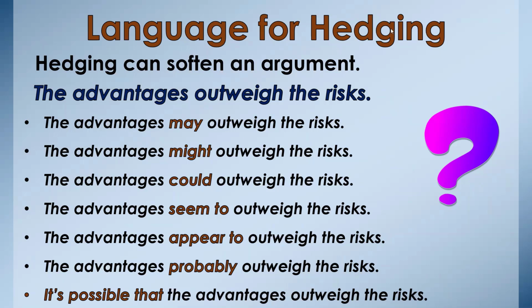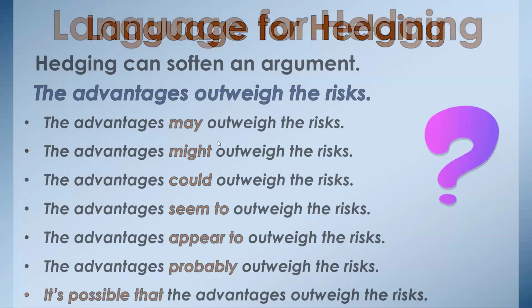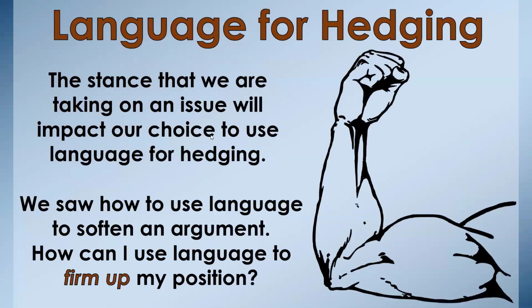So we can see you can really make use of modal verbs here when you're trying to soften your argument. That's a great way to hedge what it is you're trying to argue. So the stance we're taking on an issue might impact the language that we use for hedging.